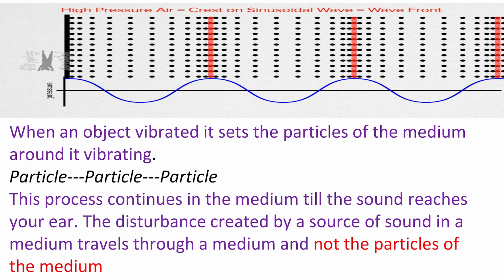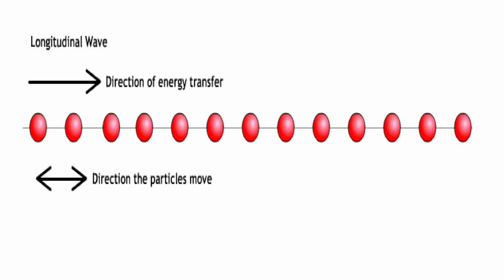So, we call the sound wave a longitudinal wave, and also a mechanical wave. Why we call sound a mechanical wave and also a longitudinal wave, we can see here. Here you can see the same scenario we observed in the simulation. When an object vibrates, it sets the particles of the medium around it vibrating.